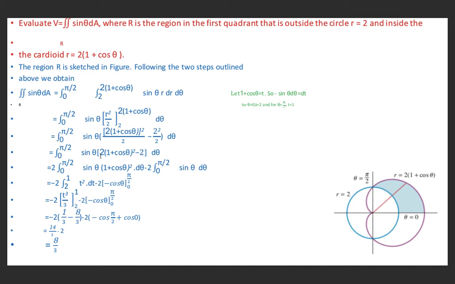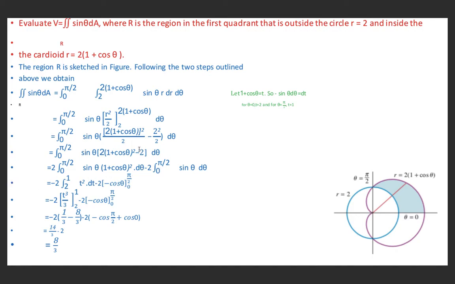Here 2 is constant, and we can write it into two integrals using the property of integration to evaluate this integration. So I have written 2 outside because it is constant. Here it is sine theta into (1 plus cos theta) whole square d theta. This is the first integral.